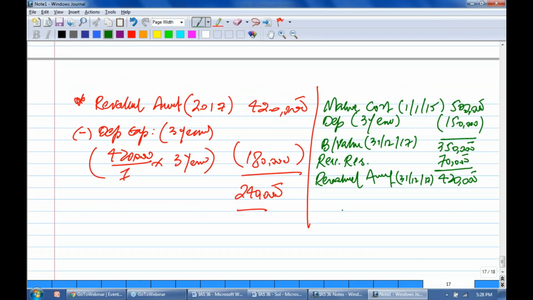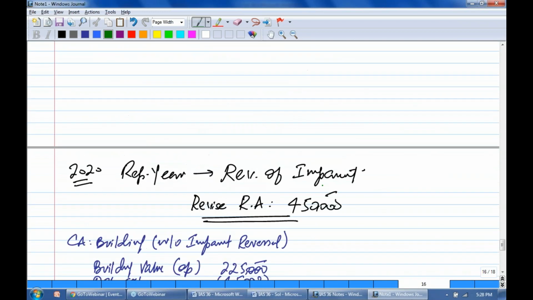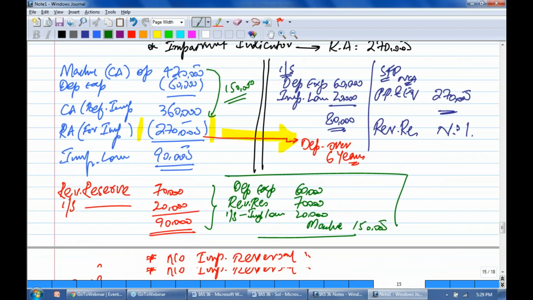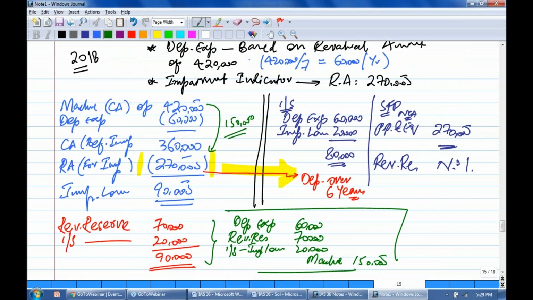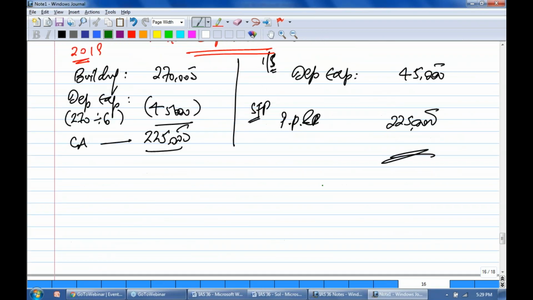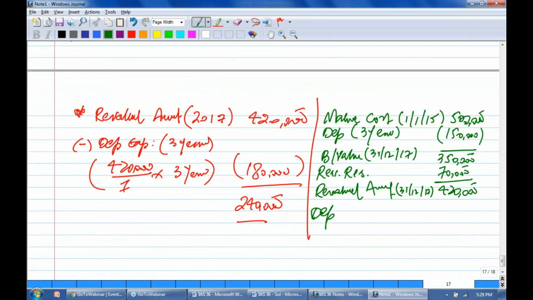And now depreciate, if asset not impaired before, 18, 19 and 20. Yes, 18, 19 and 20.